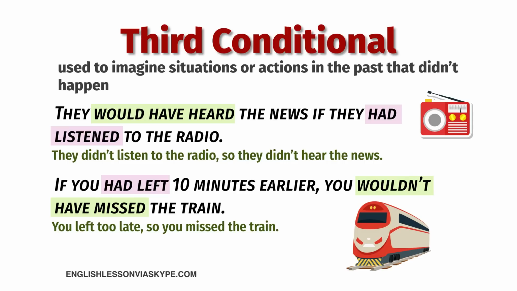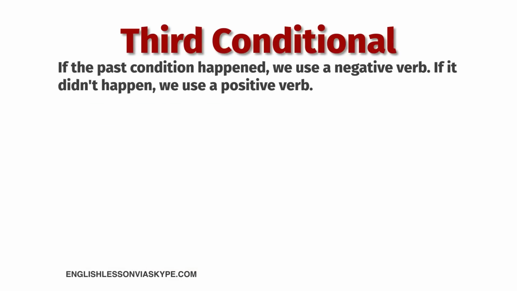Okay, so we know he didn't leave 10 minutes earlier, and therefore we know that he did miss the train. So just a rule here: if the past condition happened, we use a negative. If it didn't happen, we use a positive.